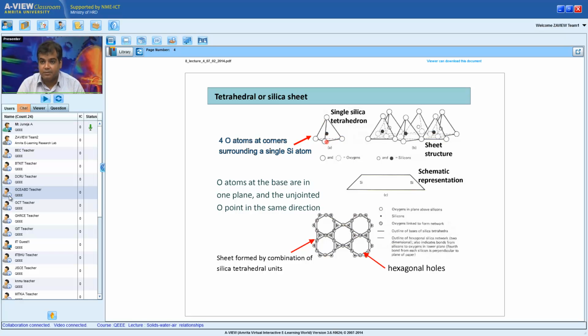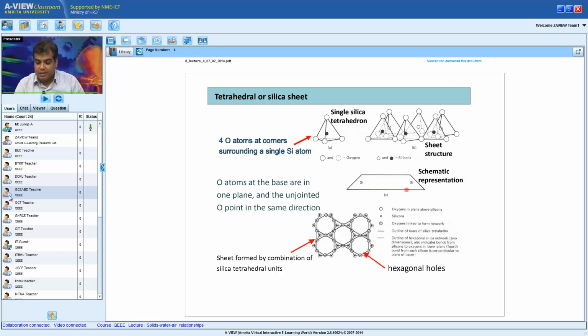That's a four-sided figure. Each of these four-sided figures is connected at the base. So we call this the base. They're connected at the base to make a sheet structure. So you can find these funny clown caps pointing towards the top. That's the tetrahedral sheet. As an engineer, it would be very hard for me to draw this if I want to speak about it.